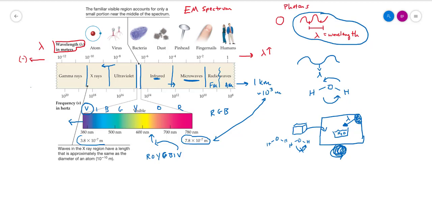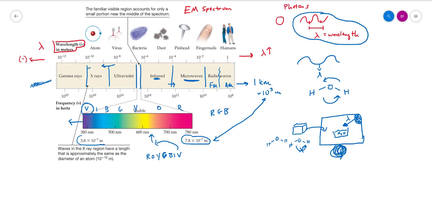So these are really, really short wavelengths, so they look like that, really, really oscillating fast. X-rays like this don't get absorbed very well by tissue and skin, and instead they bounce off of really dense objects like bone, which is why we use these to image our bones, because our soft tissues don't absorb them well.